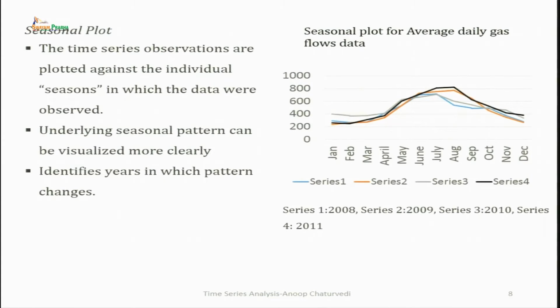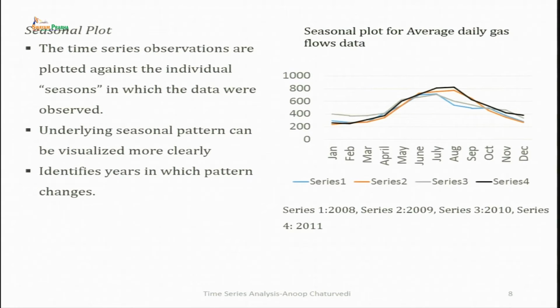Next plot is the seasonal plot. In the seasonal plot, the time series observations are plotted against the individual seasons in which the data were observed. Let us consider this example of average daily gas flows data. We have 4 years of data.